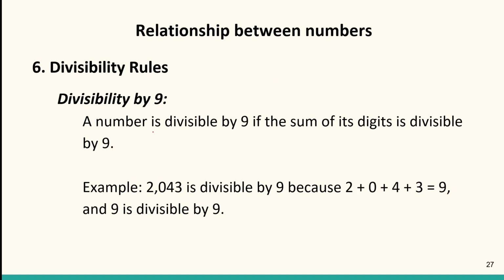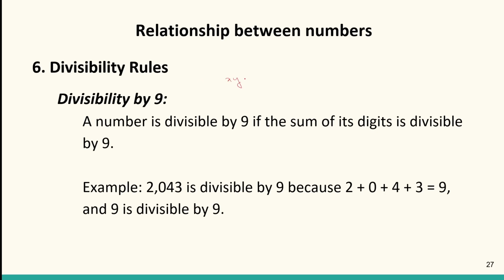So what can we say about the divisibility by 9? A number is divisible by 9 if the sum of its digits is divisible by 9. Again we take the track of 3, divisibility by 3.